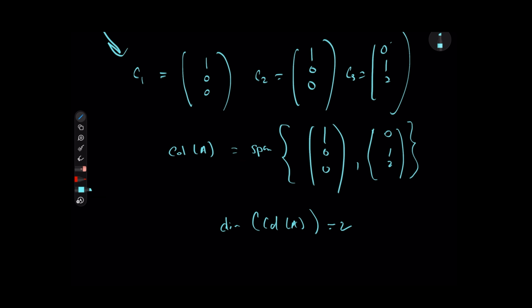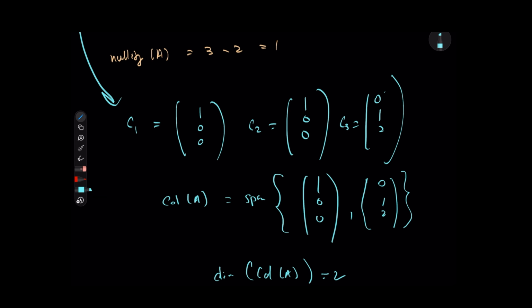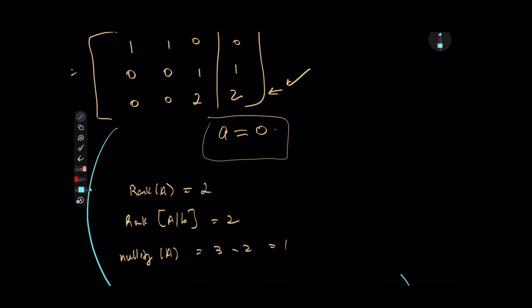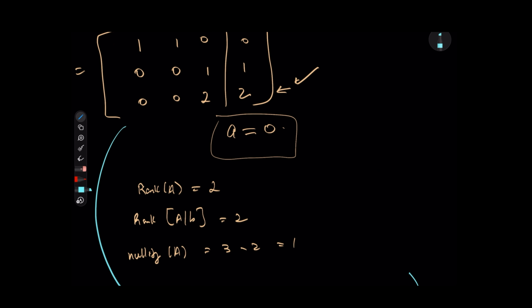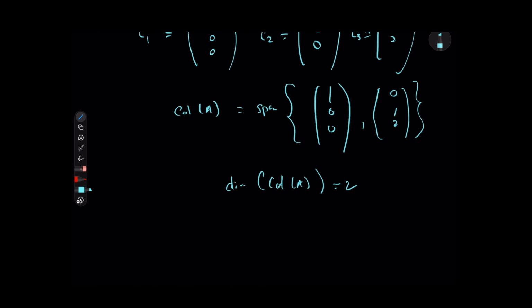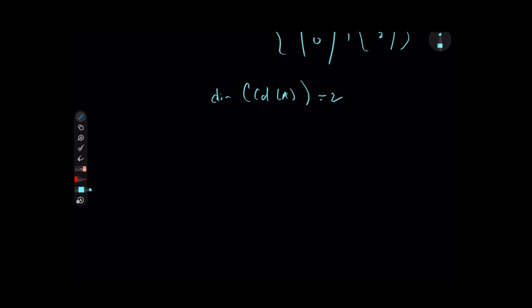And if they ask us for the row space, well, in the first row I have 1, 1, 0. Then I have 0, 0, 1. So a basis for the row space would be the span of all linearly independent rows, which would just give me row 1 and row 2.